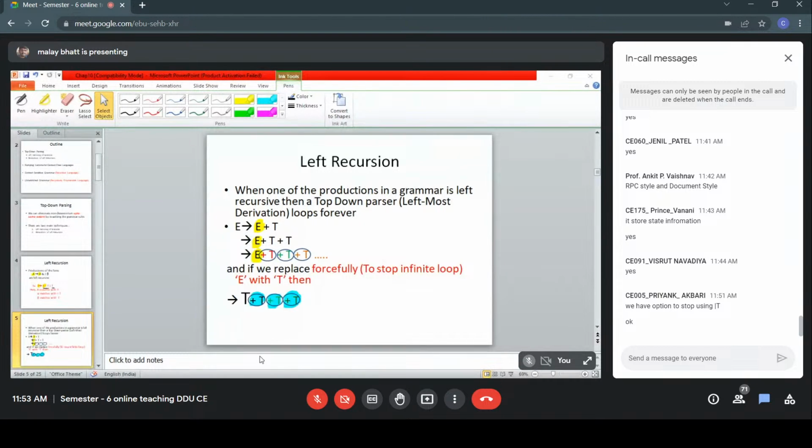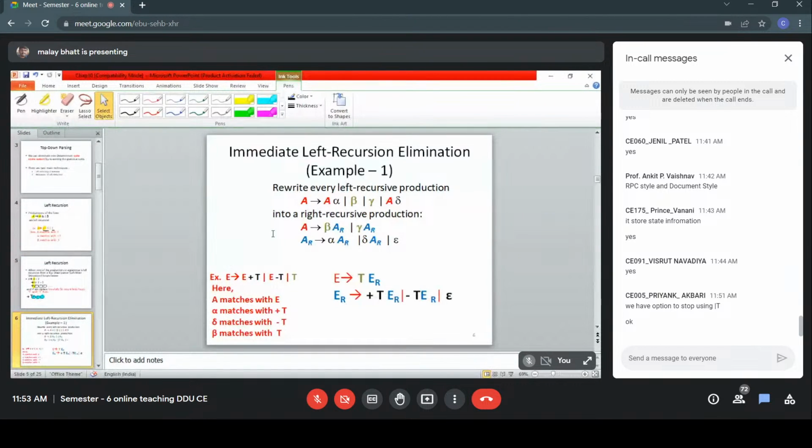So now we have a rule to eliminate the left recursion from the grammar. Let us see how we can do that. For a grammar rule having an immediate left recursion problem, we have to rewrite every left recursive production. You can see the left recursion here: A gives A alpha or A delta.